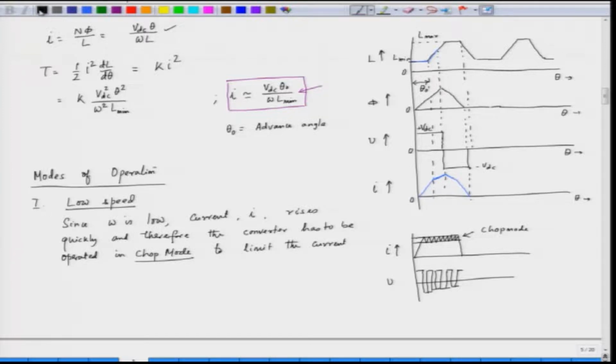So, with increase of speed, or at medium speed, let us say, advance angle theta naught is controlled to keep the current constant.